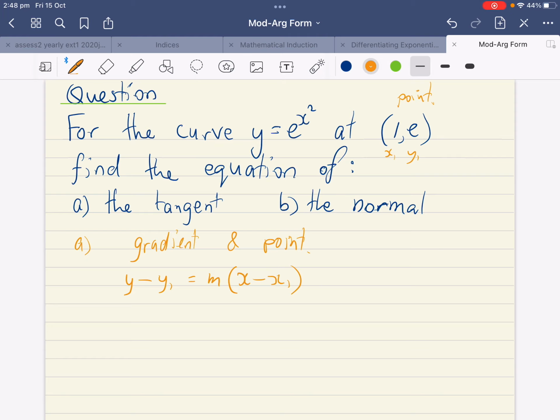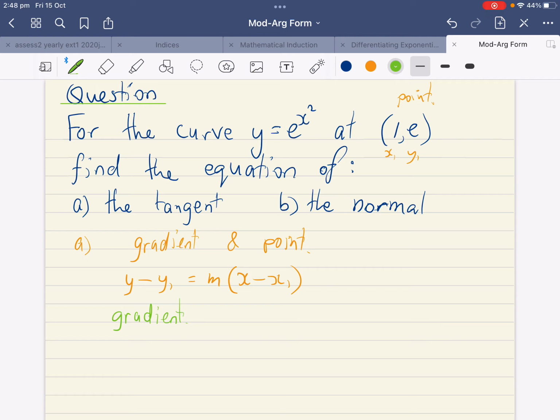The gradient is, of course, the other thing we need to find. So really simple, find the gradient, find the point, put it into the point gradient formula. And in our case, it's extra easy because we already know what the point is. That means the only thing we need to find is the gradient.